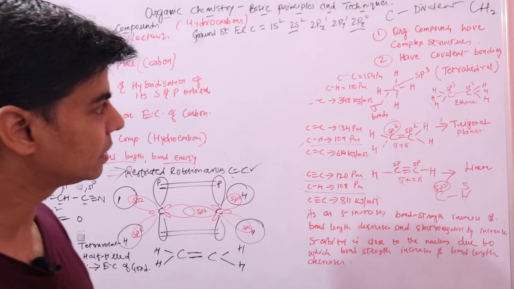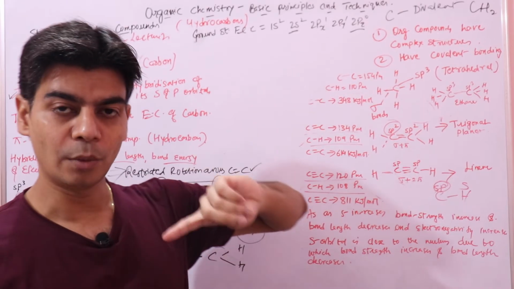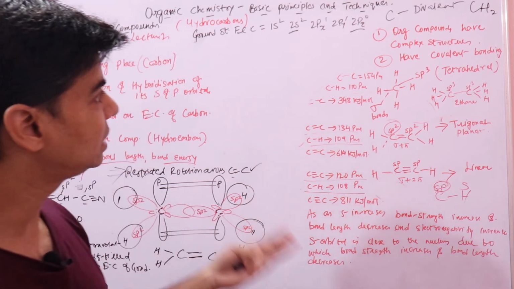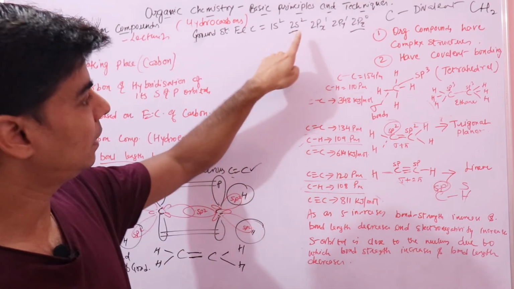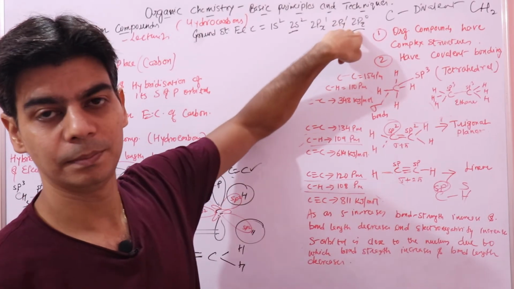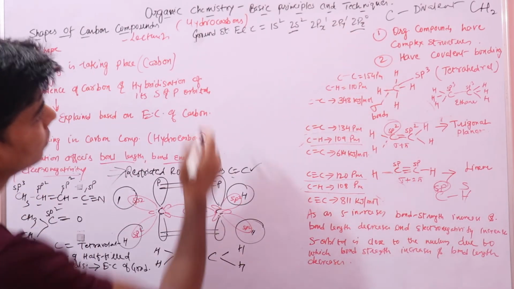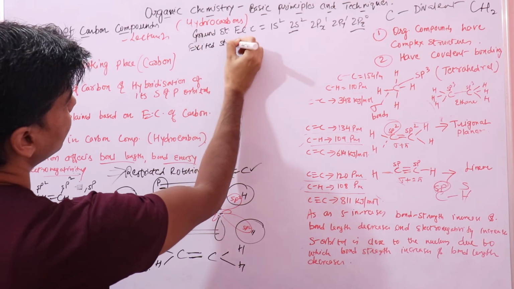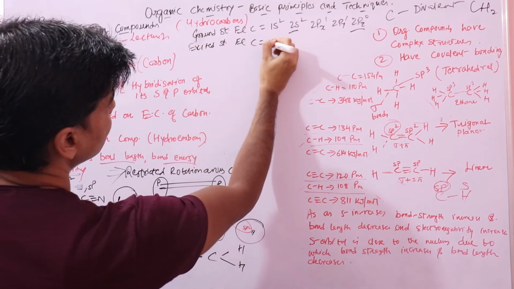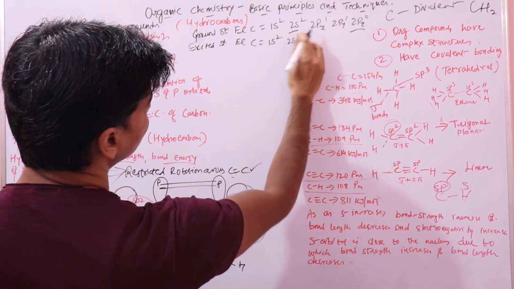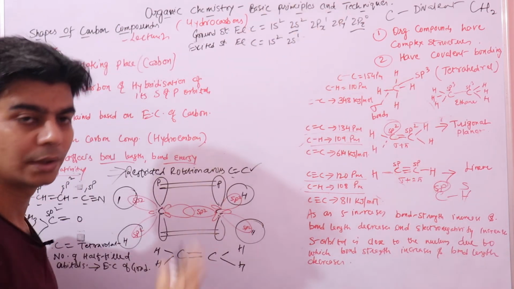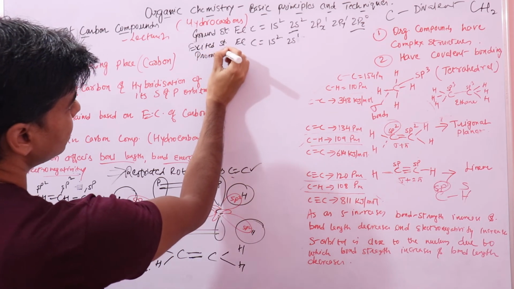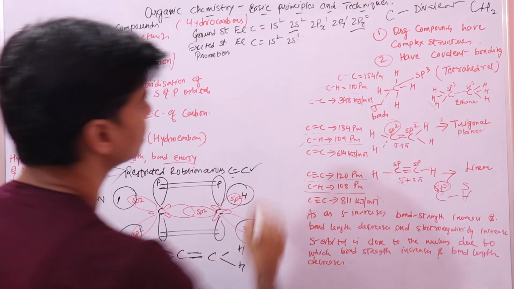So this is the excited state electronic configuration of carbon, 1s2, 2s1, 2px1, 2py1, 2pz1, where one electron is promoted. We call this the promotion concept. Its tetravalency is explained based on the promotion concept.